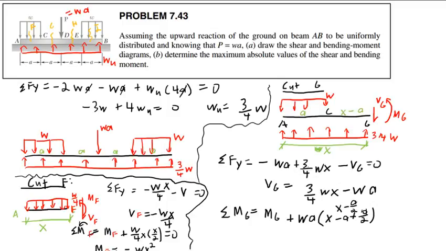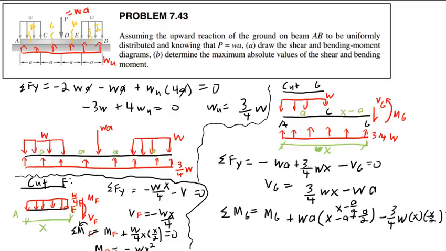Plus WA times that, and then finally, let's see, I need to do this one here, minus 3/4 W times X times X over 2. That's the moment generated by the bottom force.